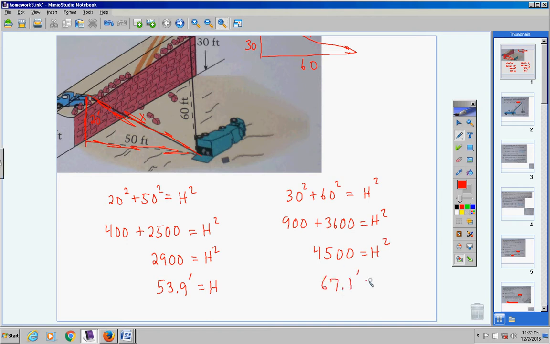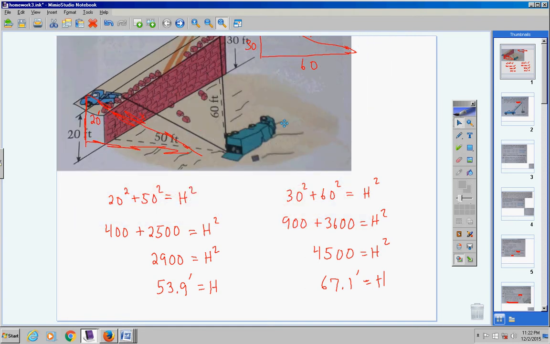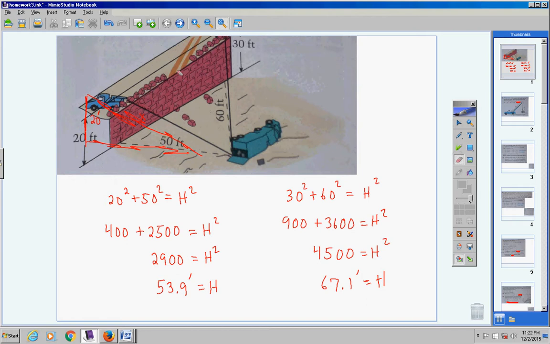So hopefully I've not made a mistake anywhere. So the length of one cable, where's the answers at? There we go, 53.9, 67.1. So let me erase all of this here. The length of this cable right here is 53.9. The length of this cable right here is 67.1.